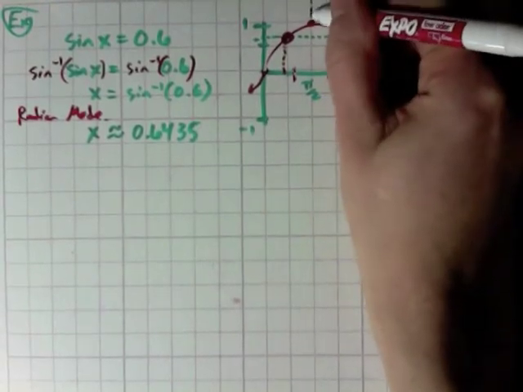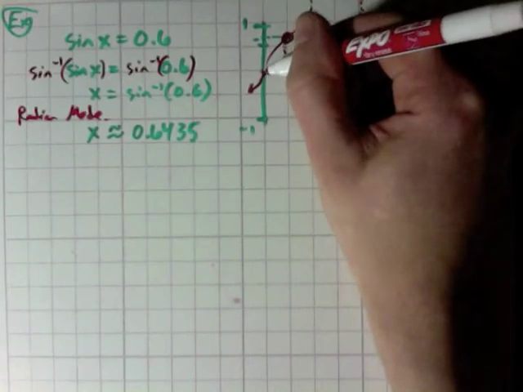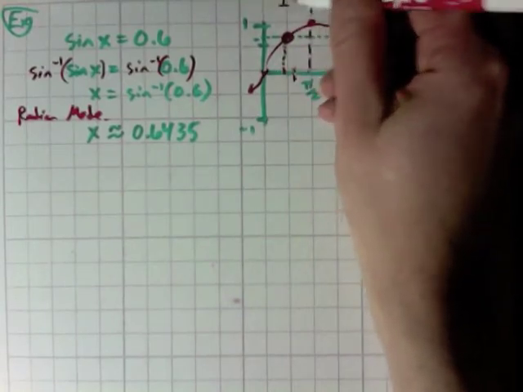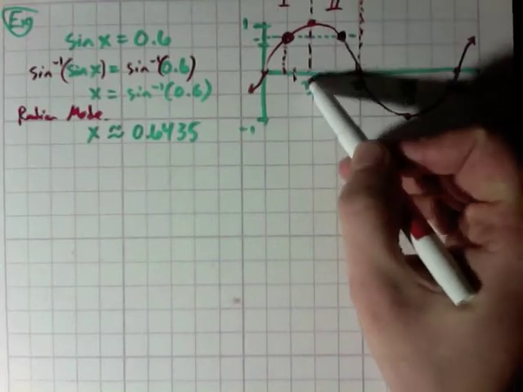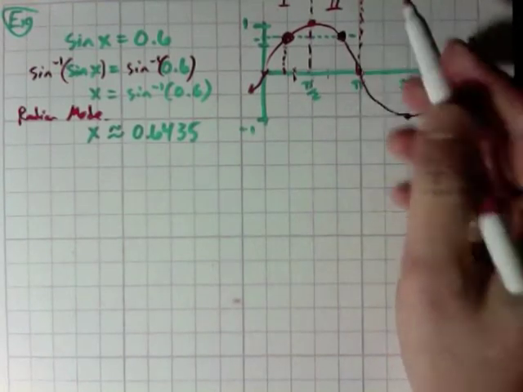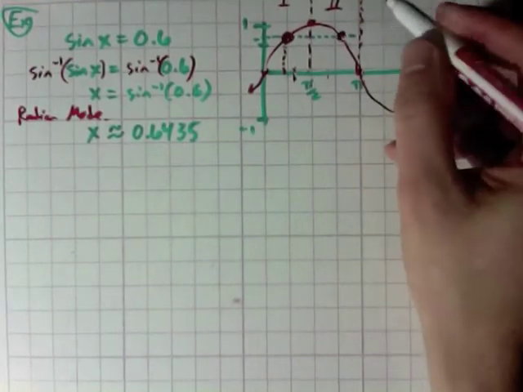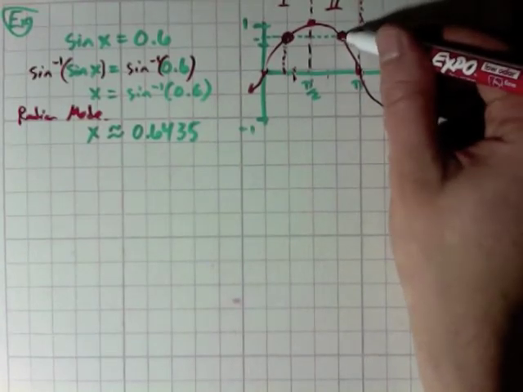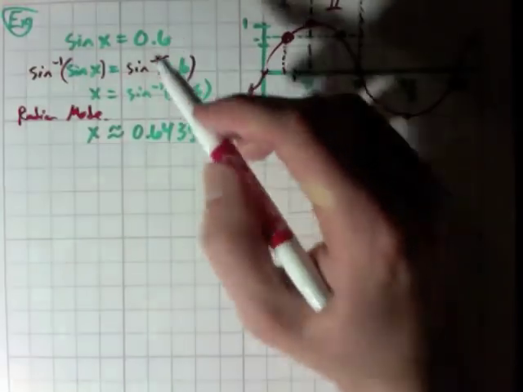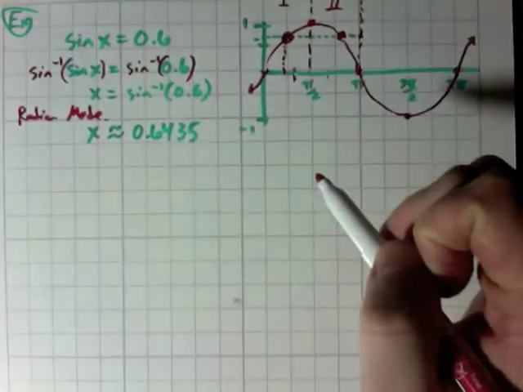Right? So once again, from 0 to pi over 2, this was the first quadrant. The second quadrant occurs between pi over 2 and pi. So if I want to find this angle, the reference angle would have been the difference between pi and that value, which happens to be the 0.6435.